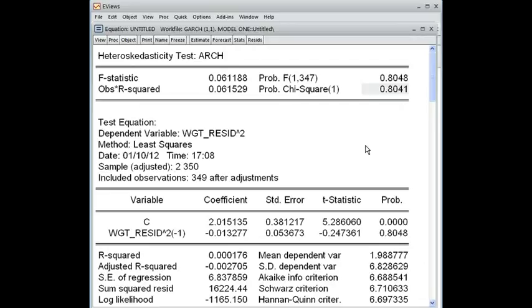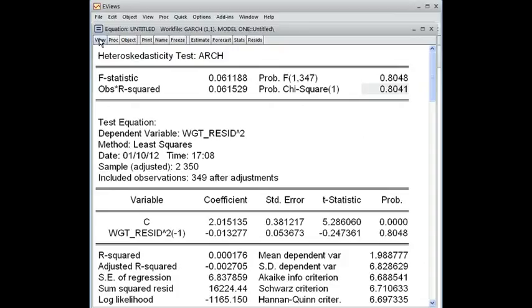There is no ARCH effect, which we cannot reject, meaning that this model with the Student's t distribution is not affected by ARCH. So this is a good sign for this model.